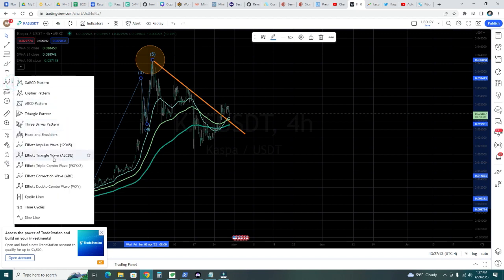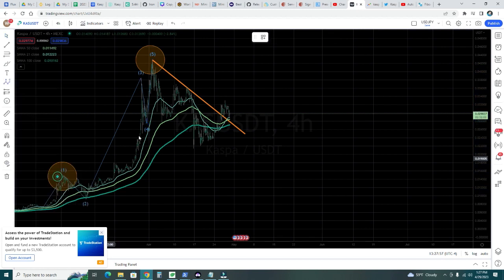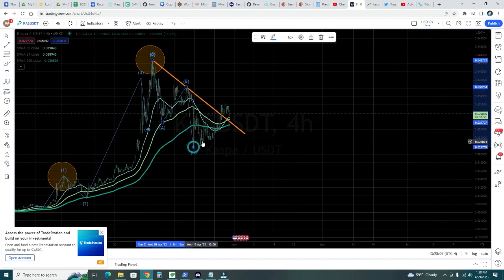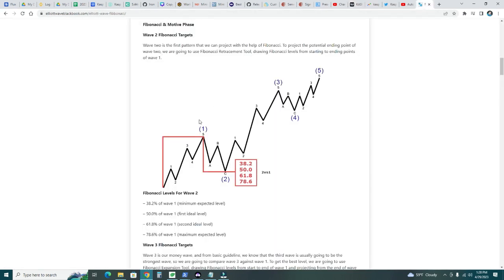Let's do a corrective pattern, and there are many different corrective patterns. I'm going to show you the ABC. It's going to be A, B, C. If we compare against our typical Fibonacci, we may be at that point right now. We're breaking that point, the ABC completed.